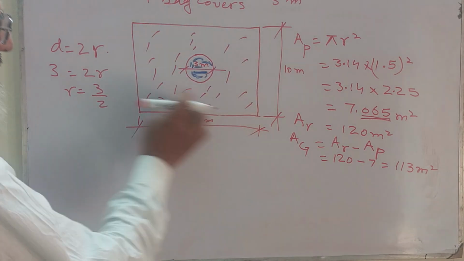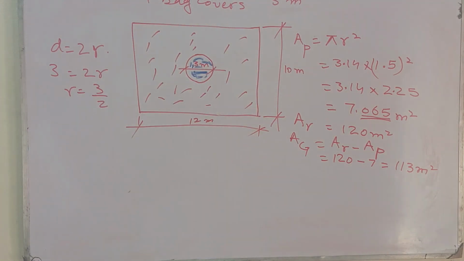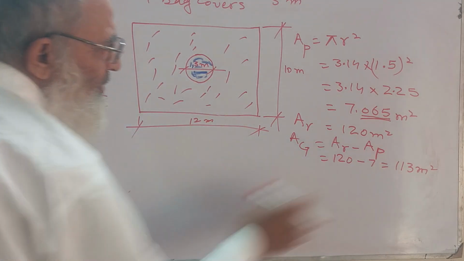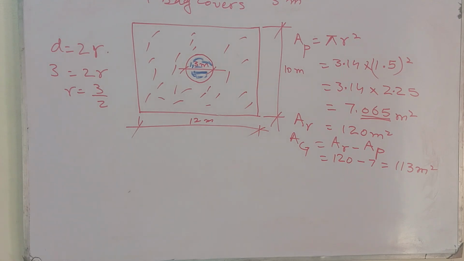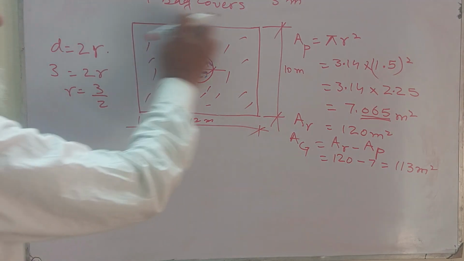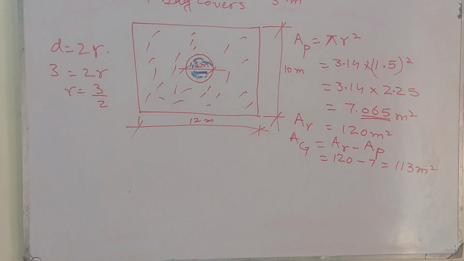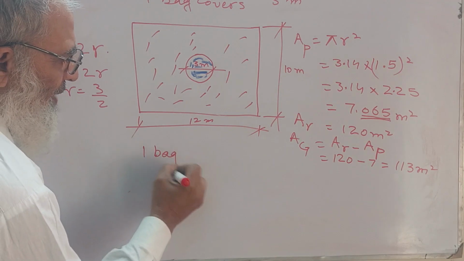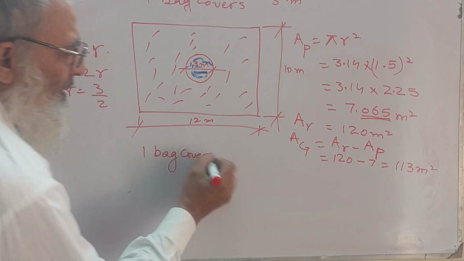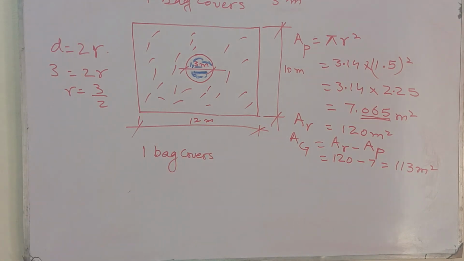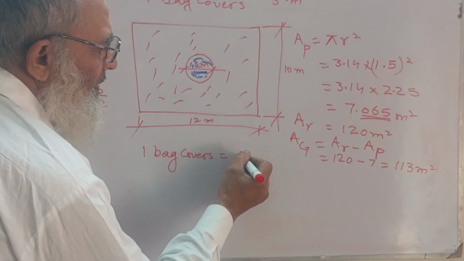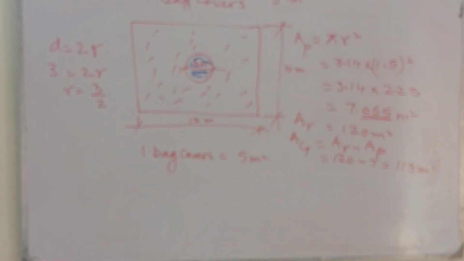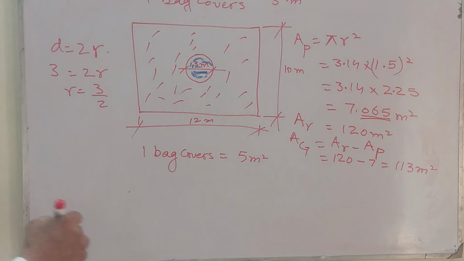Now this outer area, excluding this pond, is 113 meters square on which we have to plant the grass. And one bag covers 5 meters square. So if one bag covers 5 meters square, how many bags will we need?